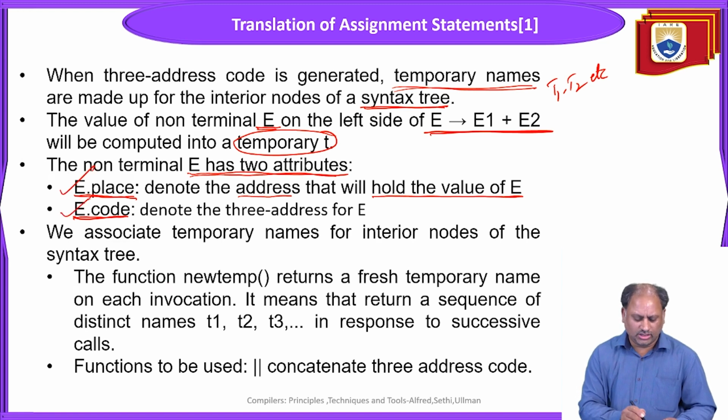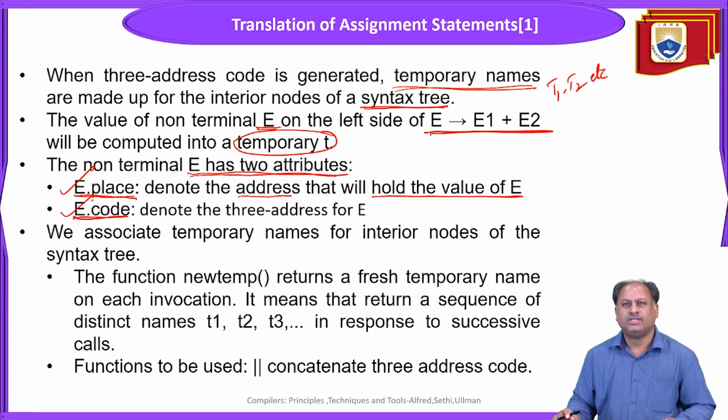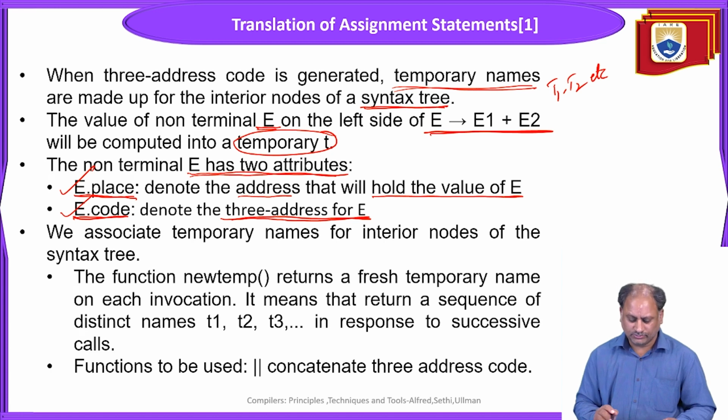Another one is E dot code. This code is used to denote the 3 address code for that variable. So one is the place value which is holding the value, and the second one is the 3 address code generated for it, which can be obtained by using the E dot code notation.